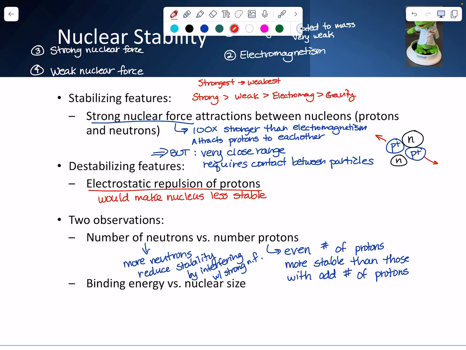The weak nuclear force plays a role in determining how that isotope is going to decay. So it's very rare, and it plays a role in the type of decay.